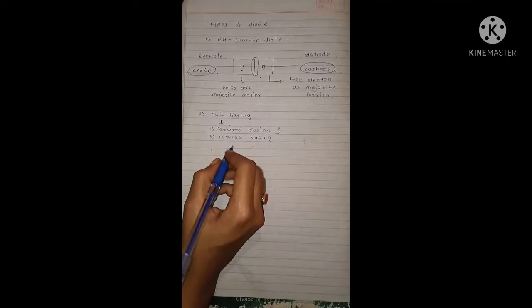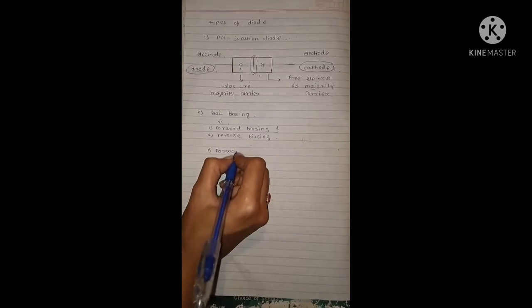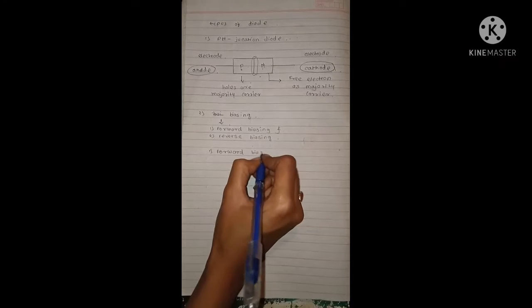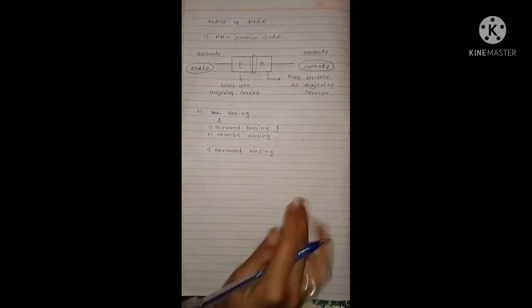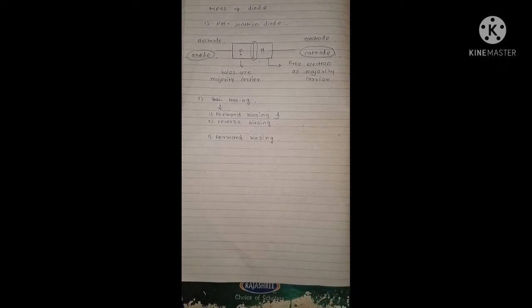First we will see what we mean by forward biasing. In forward biasing, the diode's P-type region, or the anode terminal, is connected to the positive terminal of the battery.